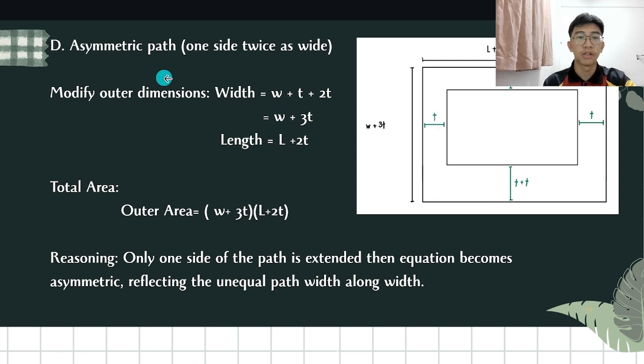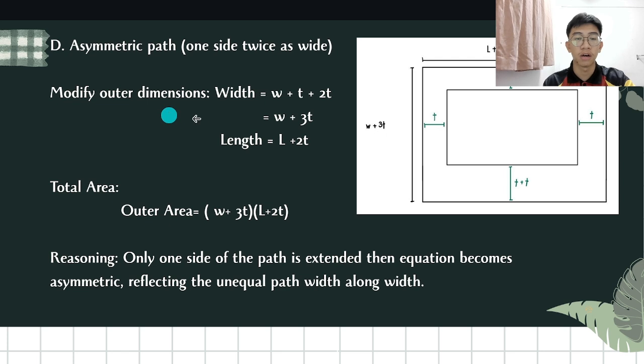Next, for the asymmetric path, where one side of the path is twice as wide on one side only, which means only one side is twice, like plus T. So here is 1T, 1T, 1T for the width, and here is 2T.